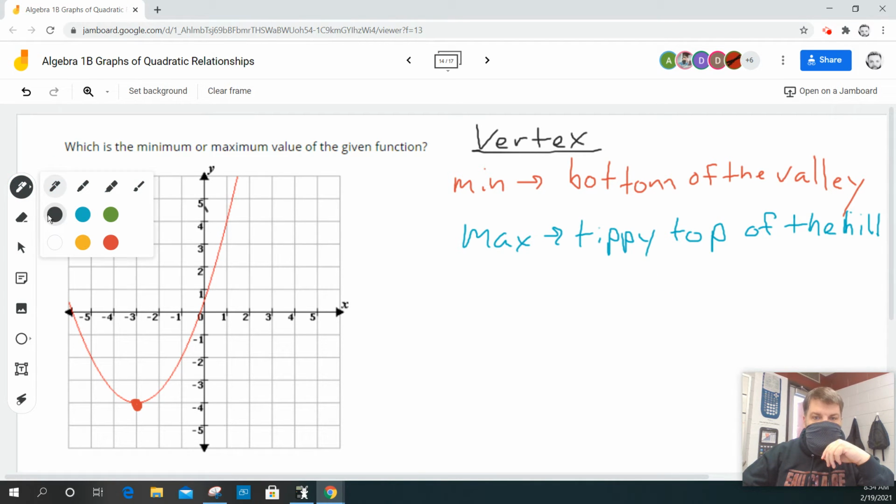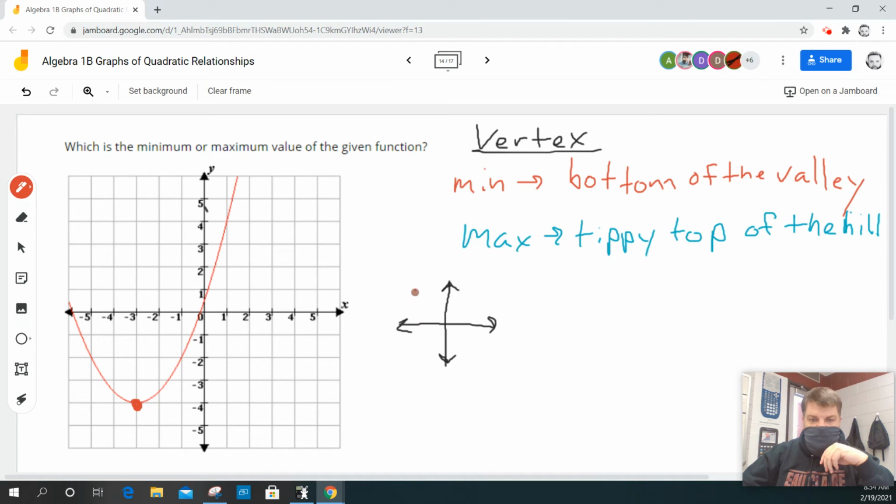What do I mean by that? Well, when we look at a graph and there's a quadratic, a minimum, the quadratic opens up. So if I have something that looks like this is a minimum.